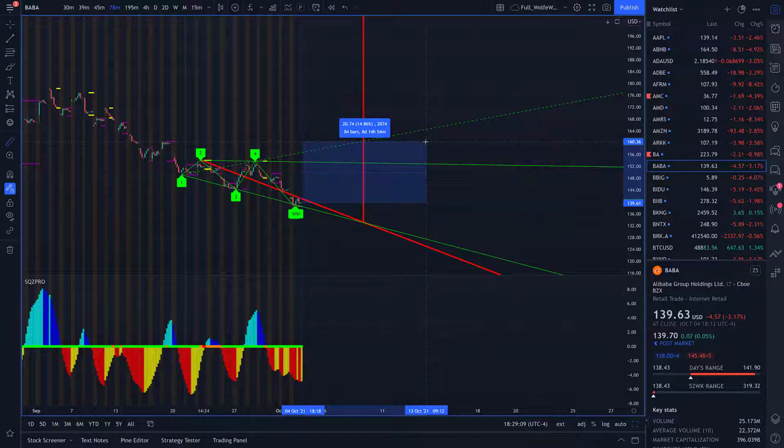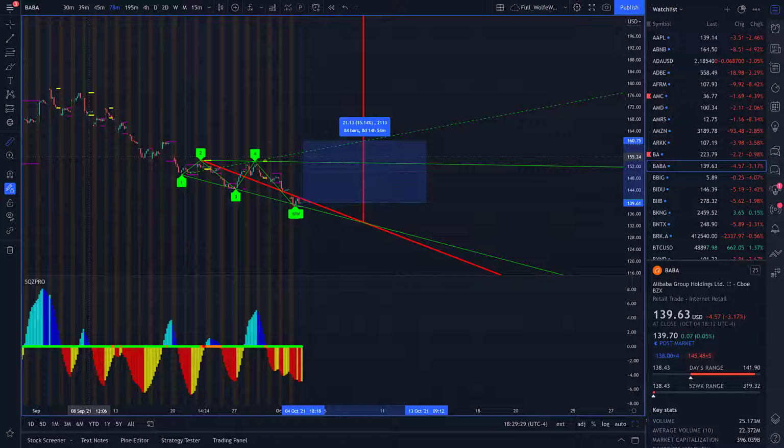So this is simply a setup. Let's say I had a $5,000 account and I wanted to take this trade with really low risk. Then obviously I would go for something that expires sometime after October 8th. So let's take a look at a contract together.